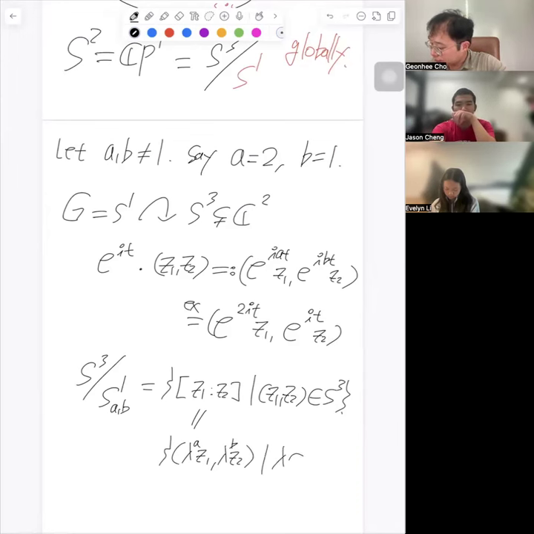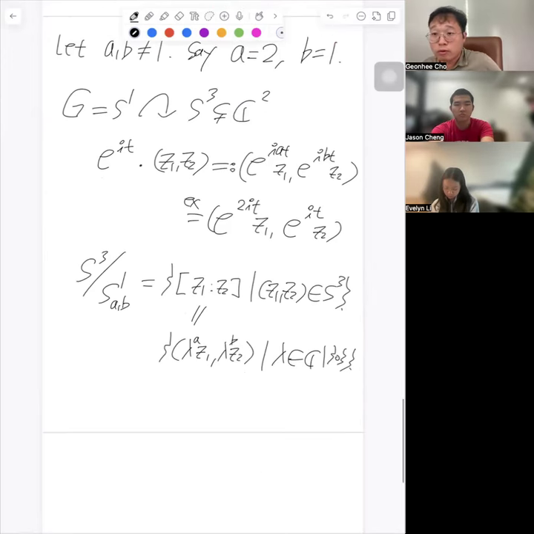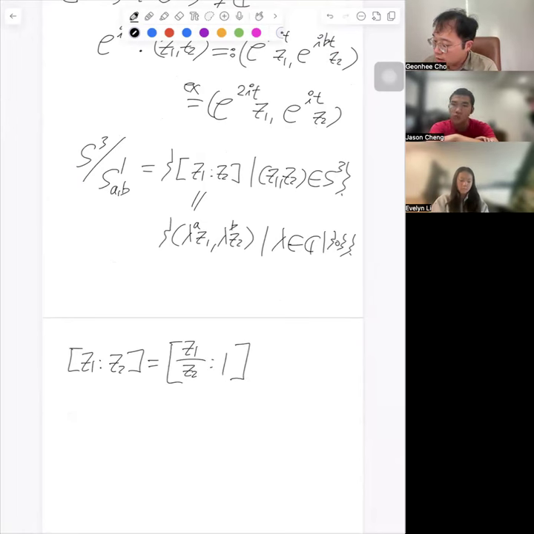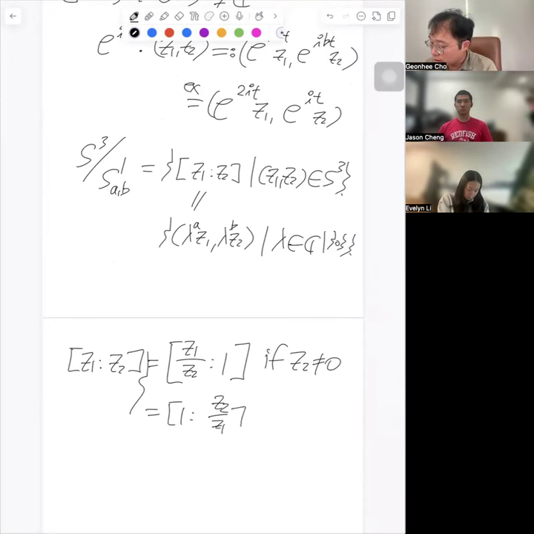So why does this cause the issue? Now you can see that previously, you can easily see that this would be the same as [Z1/Z2 : 1] if Z2 is not 0, and this also equals [1 : Z2/Z1] if Z1 is not 0.